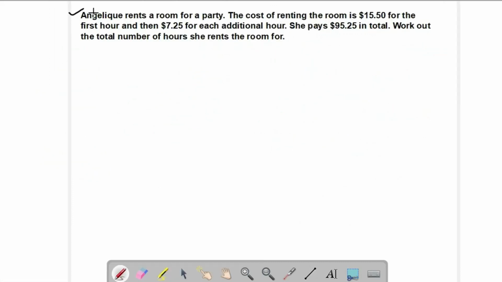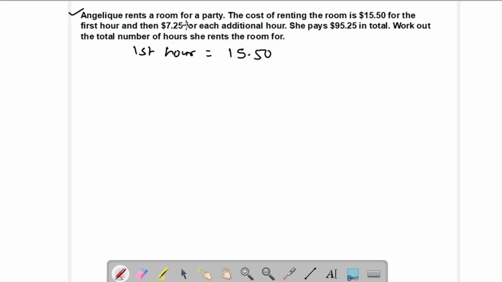Next question is related to this one. We can say Angelic rent a room for a party. The cost of renting the room is $15.50 for the first hour. That means the first hour is $15.50.